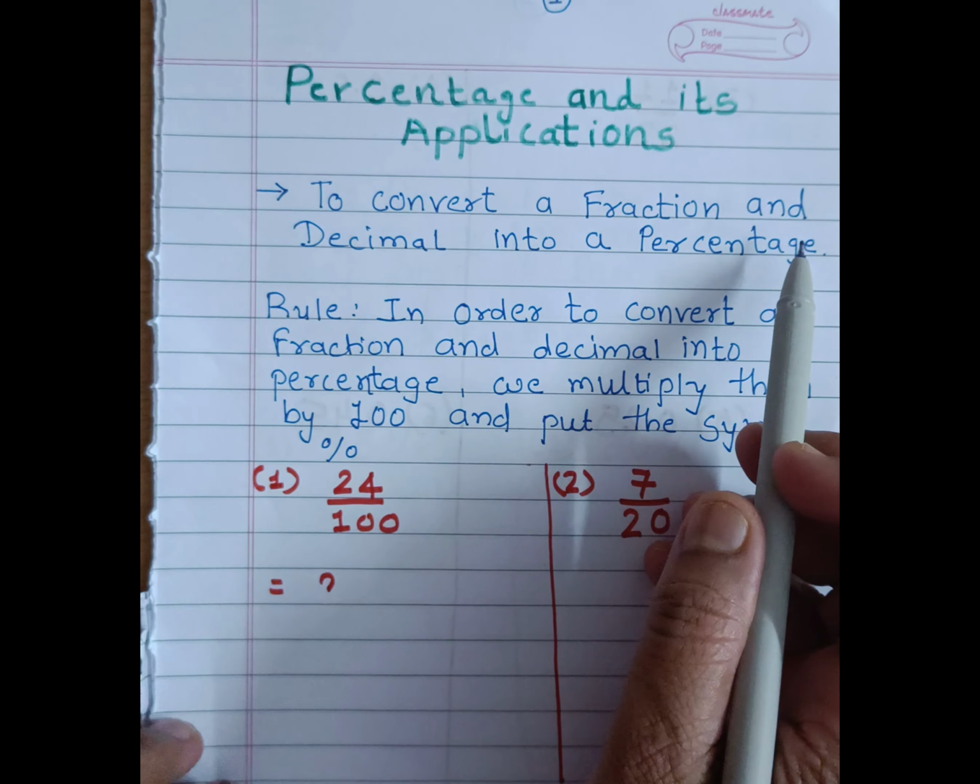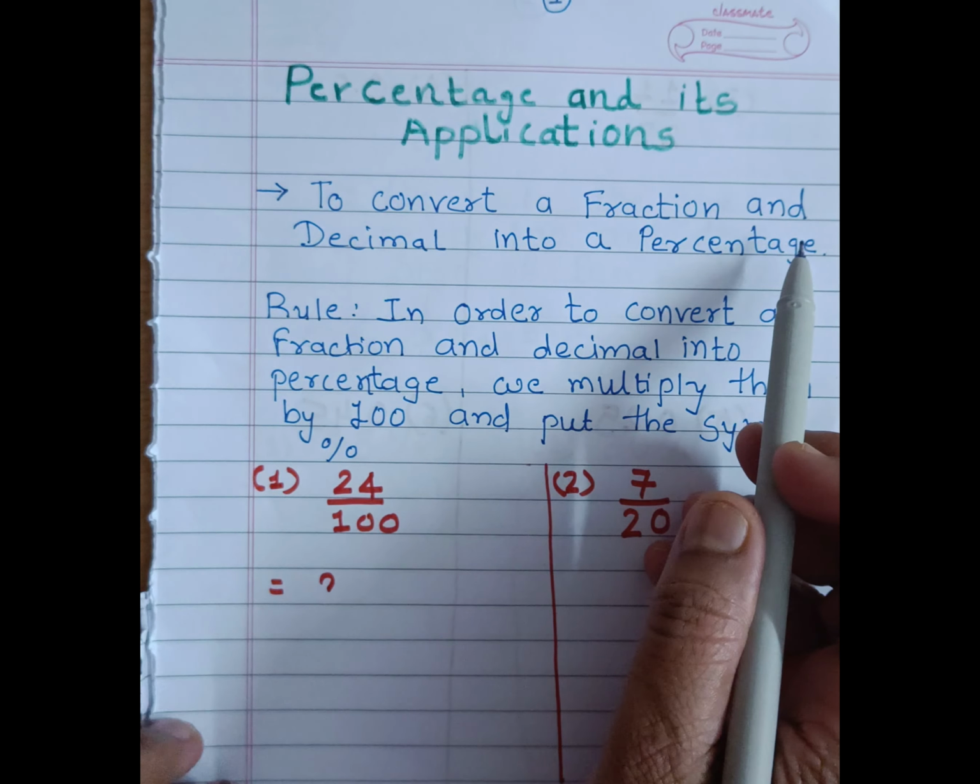Now 11 by 25 is equal to 11 by 25 multiplied by 100%. Now 25 fours are 100, so it is equal to 11 multiplied by 4%, which is equal to 44%, our answer.